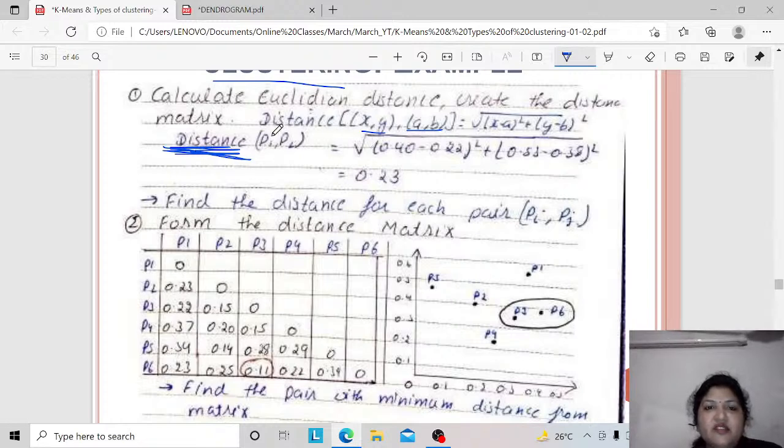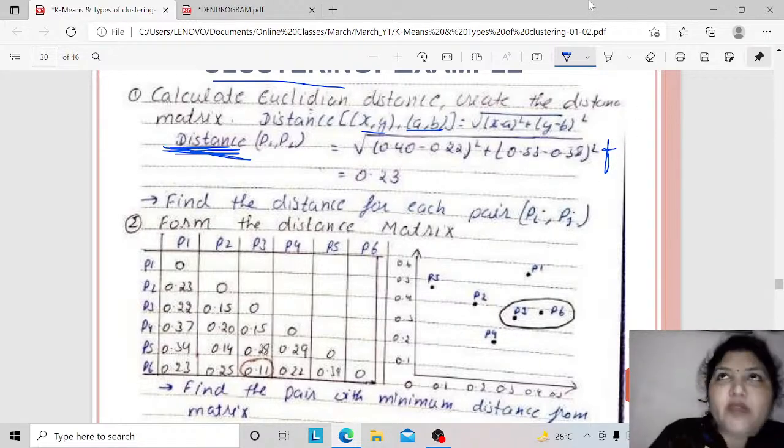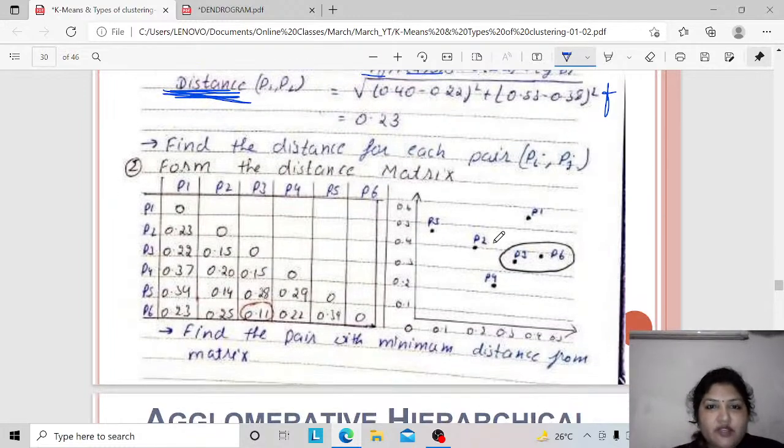So Euclidean distance, we know that it is the square root of x minus a whole square plus y minus b whole square. So this is the formula for the Euclidean distance method. You can use it in this also, and you might be using this in k-means clustering also, right? Like centroid clustering also. So here we have 2 points. Let us see how it works.